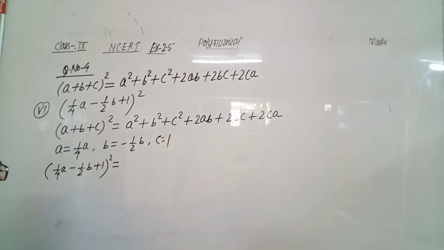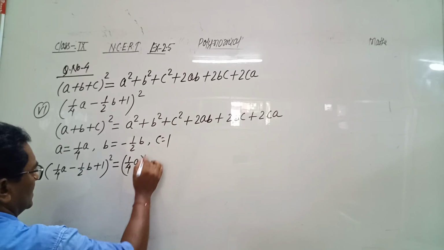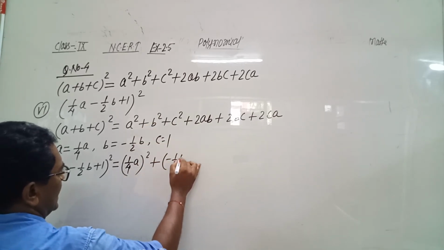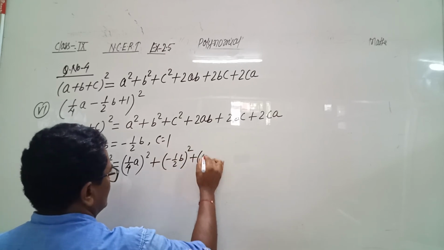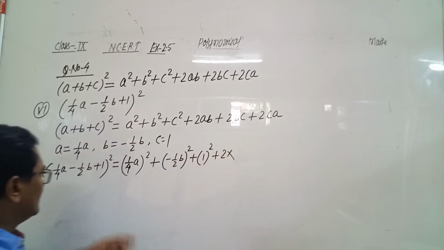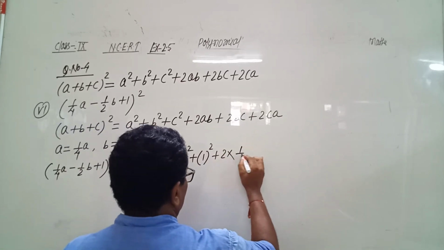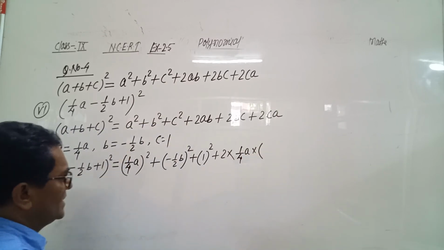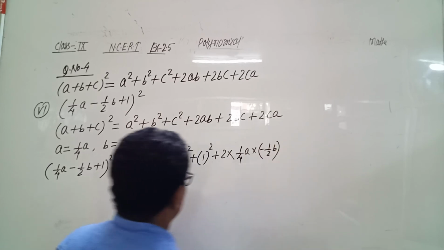Then we write a square, means (1/4a) the whole square, plus b square, means (−1/2b) the whole square, plus c square, means 1 square, plus 2 into the value of a, which is 1/4a, and the value of b, which is minus 1/2b.